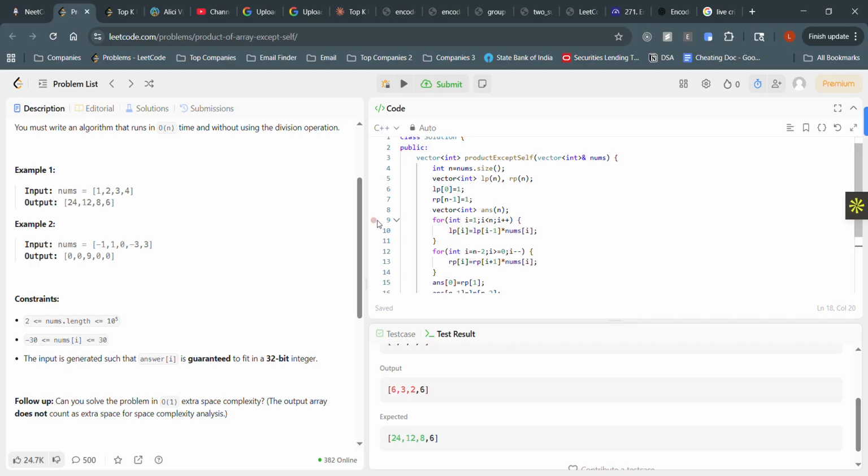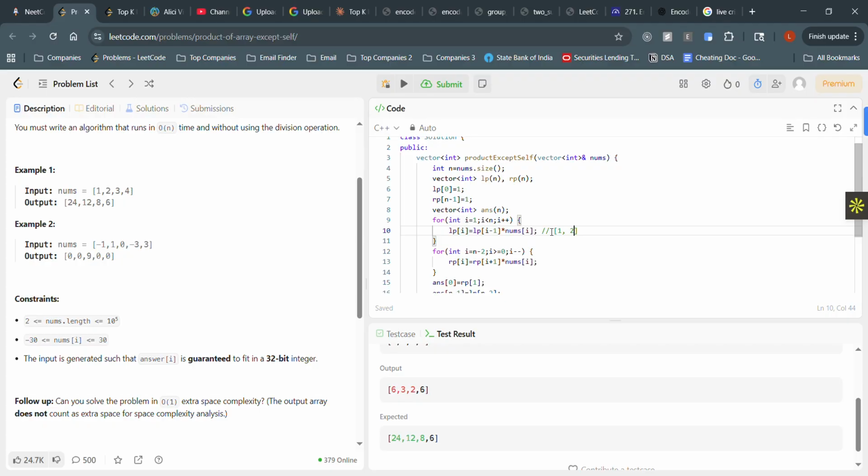For this example, let's write LP. According to this code, initially it's 1, and then for index is equals to 1, I get LP of I minus 1, which is 1, multiplied by nums of I, which is 2.